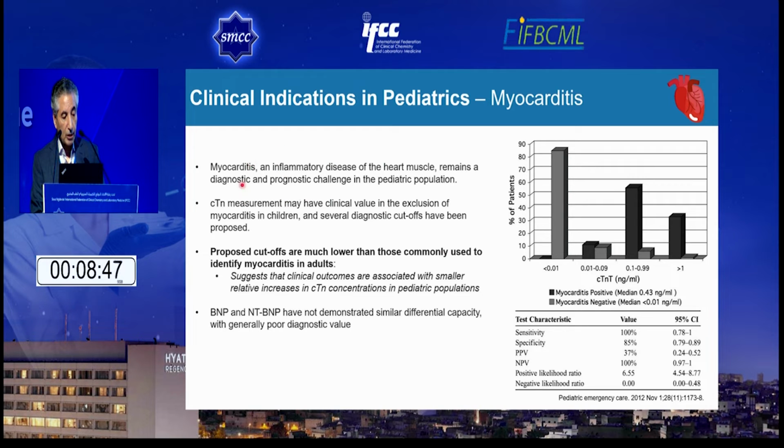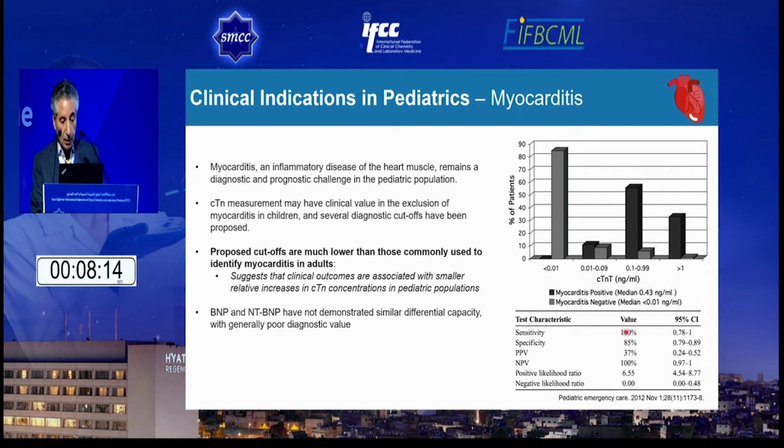So myocarditis is an inflammatory disease of the heart, and the diagnosis of this and prognosis is a challenge for cardiologists. And cardiac troponin measurements have been shown to have clinical value in excluding children with myocarditis. And there are several diagnostic cutoffs that have been proposed for cardiac troponin. So proposed cutoffs tend to be much lower than those used in adults.